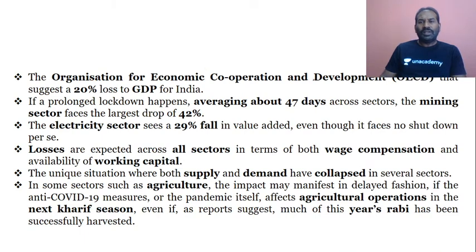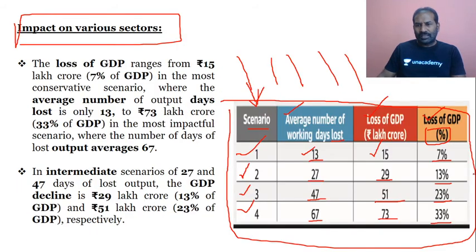And the OECD, that is the Organisation for Economic Cooperation and Development, has also suggested that India would go ahead with a loss of 20% of its GDP. So if you look at what the authors have said, 47 days is coming up to 23%.